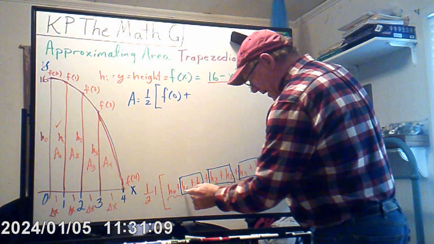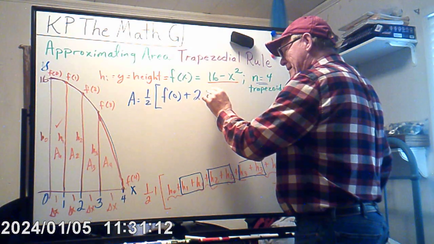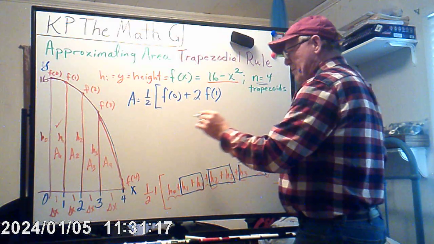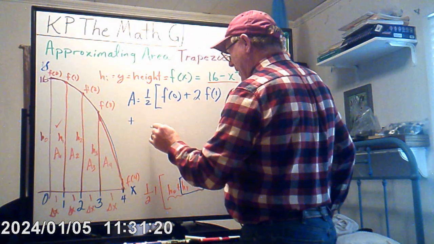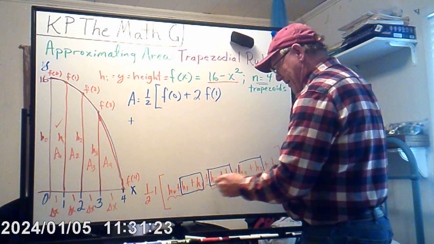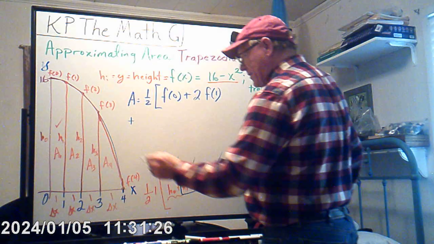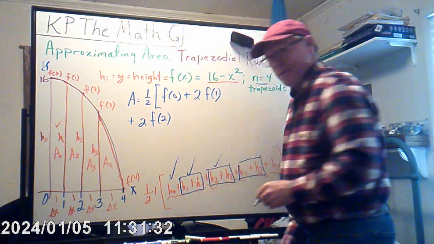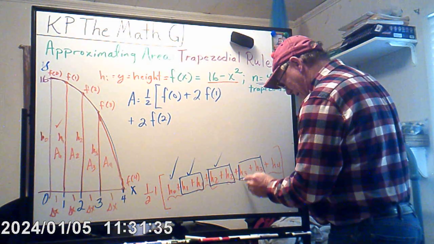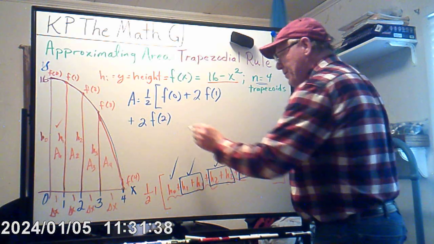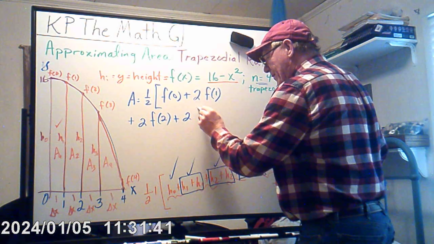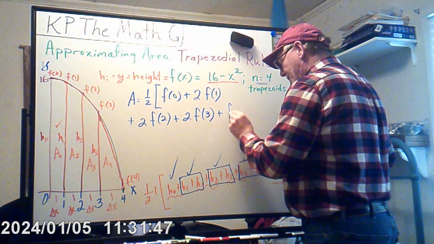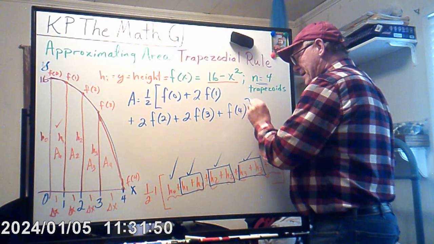Now, h1 plus h1 is 2 h1s, but that's 2 f at 1s. And then plus h2s, we got two of them, so 2 f at 2s, and then 2 f at 3s, and then plus f at 4, like that.